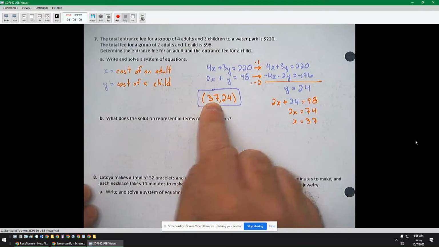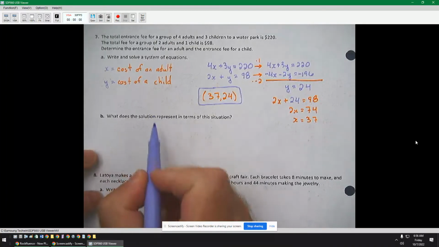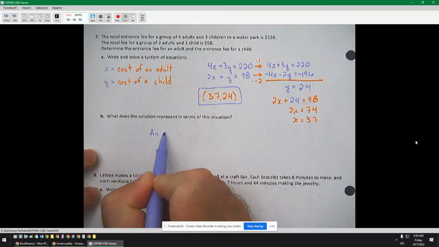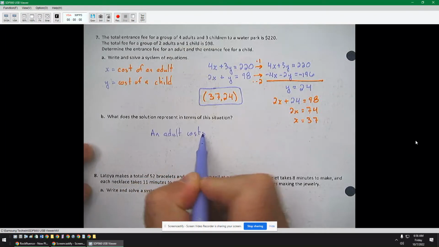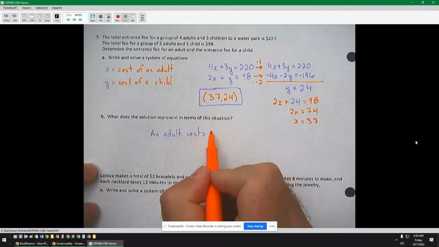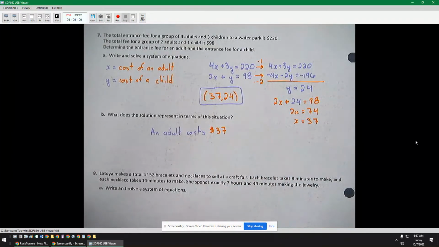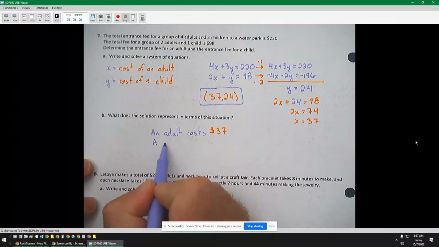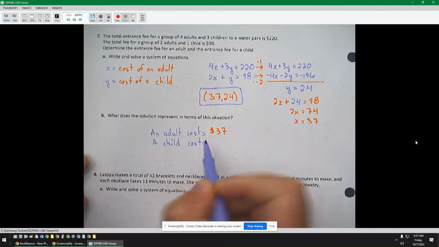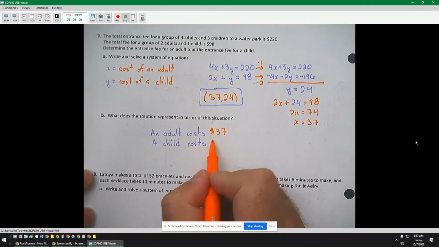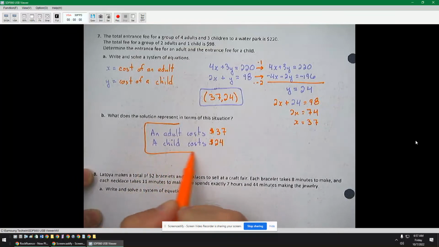If we got 37 there, that means an adult costs $37. And then same logic there, a child costs $24. Box it in, put it up on your fridge.